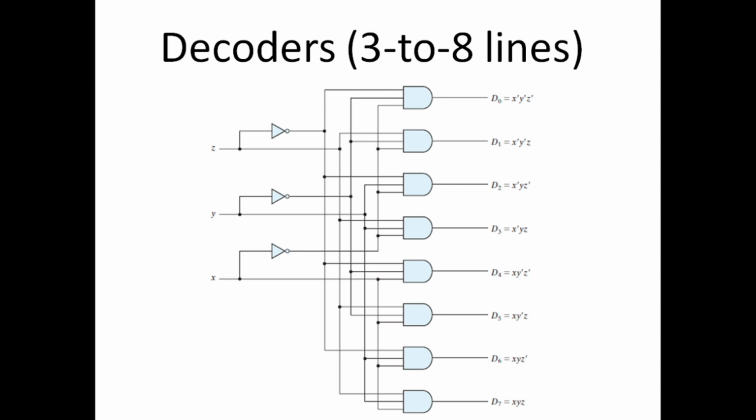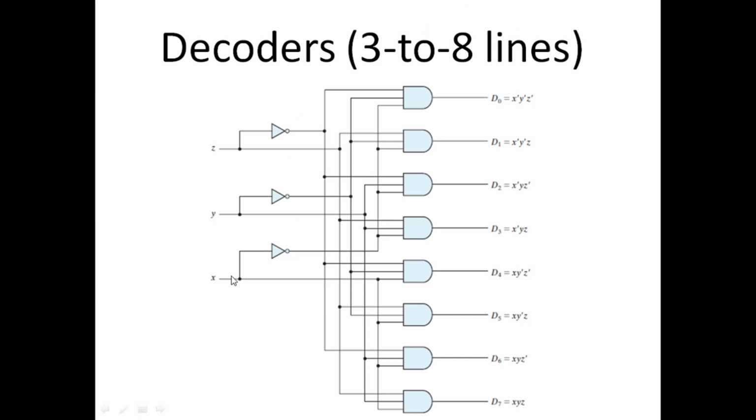As can be seen on the right side of the diagram, when x, y and z are 0, 0, 0, this corresponds to minterm 0, that is x prime, y prime, z prime, and we designate this output with d0. So this is the 0 output of this decoder.